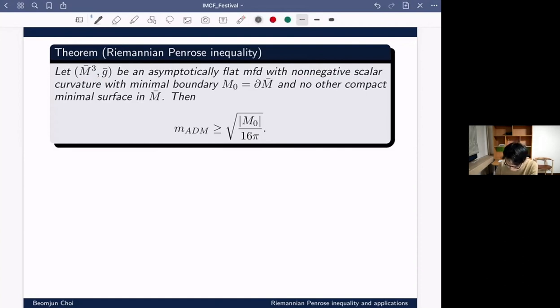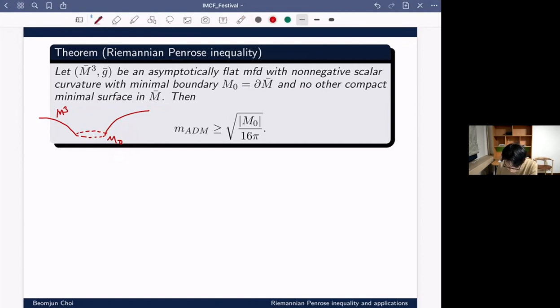So we could draw it like this. This is the 3-manifold, and there is some boundary M0. And another assumption: this is the outermost minimal surface, in the sense that there's no other compact minimal surface in M bar other than this boundary.